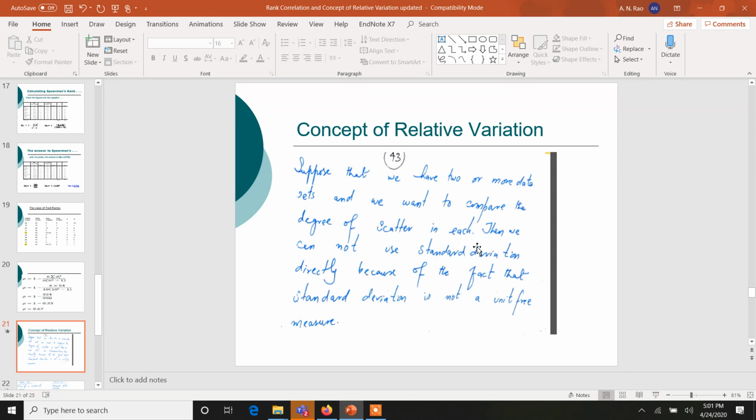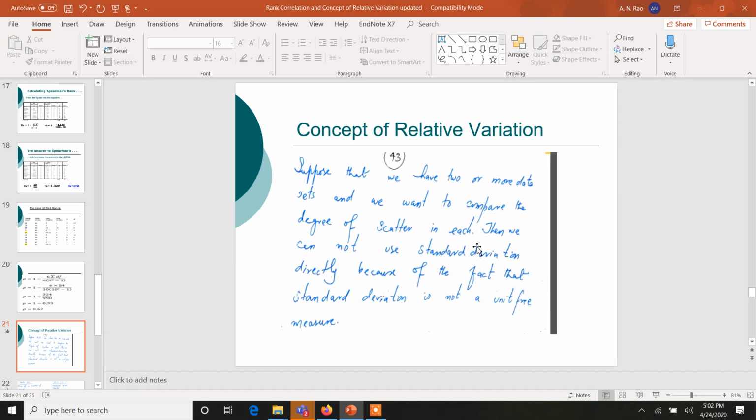So what if we have to compare the variation in two or more data sets that can have different units, that can have different inherent factors when the data was being collected? Like one example, if we have one data which is weight in kgs and another data which is height in inches.